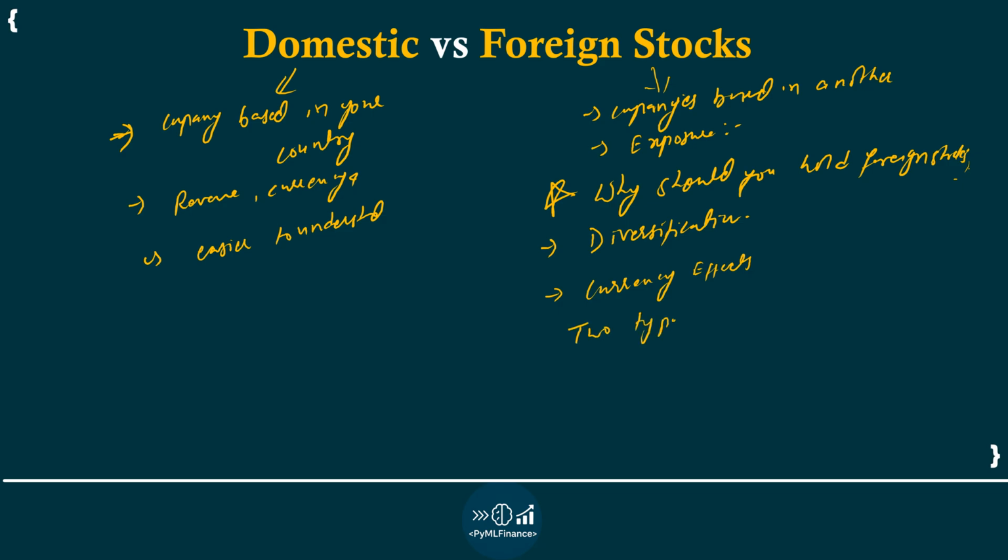Number one is equity risk, whatever risk is associated with equity. Another added risk is currency risk, because currency also fluctuates over time. If currency appreciates, it's good for you, you get gain. But if currency depreciates, it simply reduces your return.